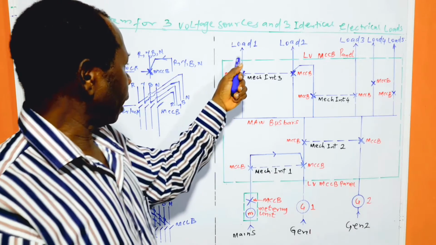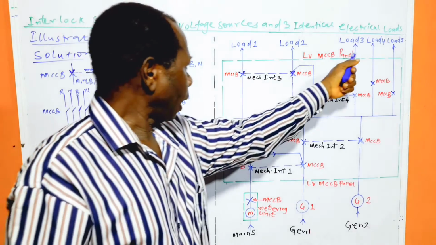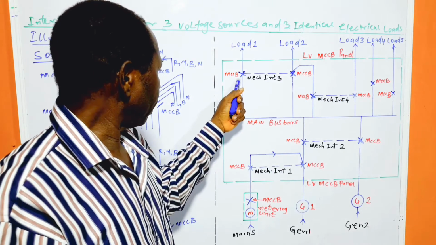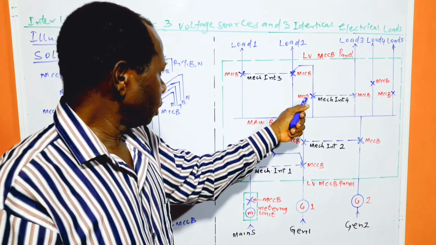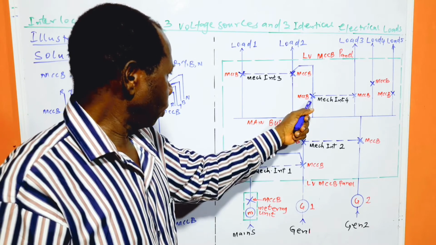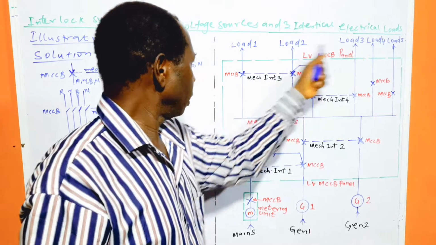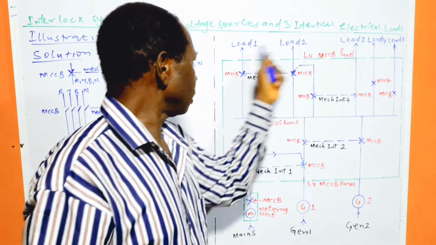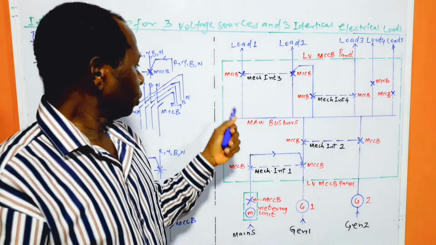So, to select loads 1 and 3, this circuit breaker will be closed, this one is opened, and also this one is open while this one is closed, and we have these 2 chillers, these loads 1 and 3 being selected.